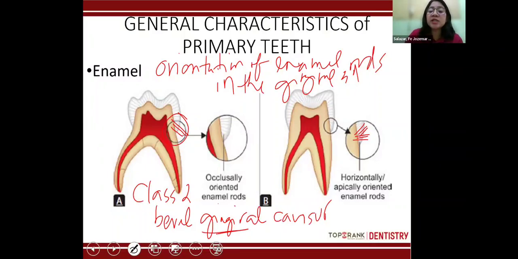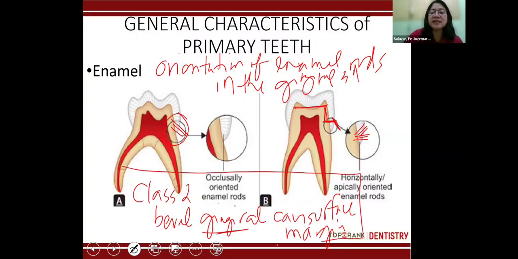Okay? Pero ang gingival cavo-surface margin ay beveled. Okay, nasaan yon? Kung you are creating this pulpal floor, axial wall, gingival, so ito yung proximal box, gingival floor, ito naka-bevel. Okay? Pero ano ang may bevel?